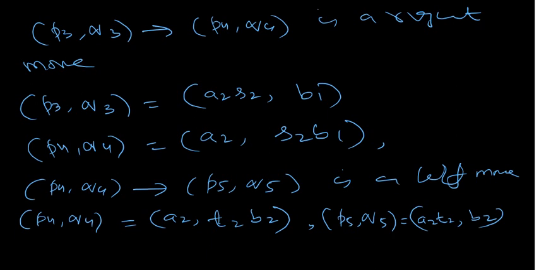So in general, what's happening? At the odd stage, P3 Q3 to P4 Q4 is a right move. So I can choose the odd transition, which is like this.